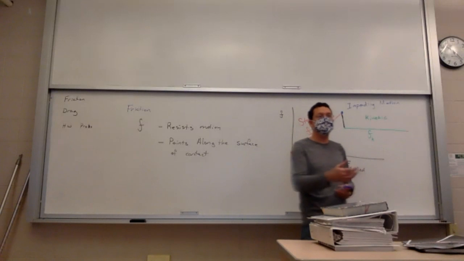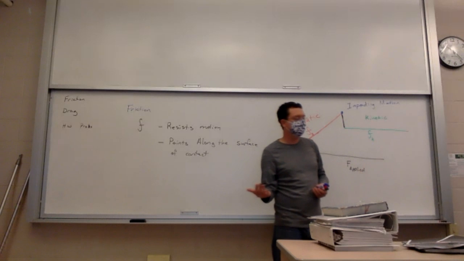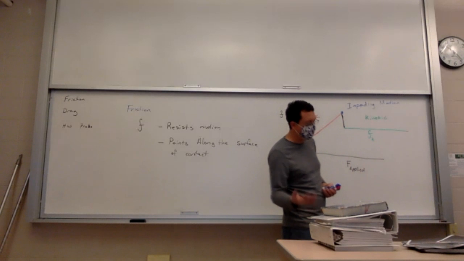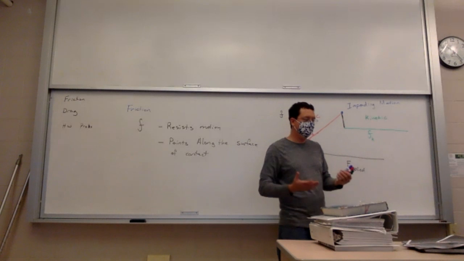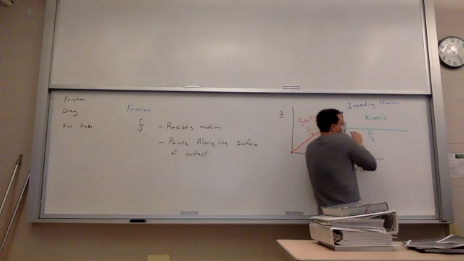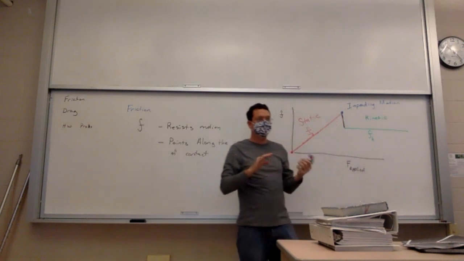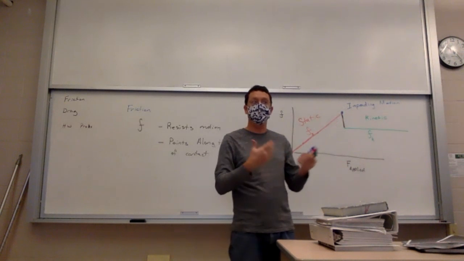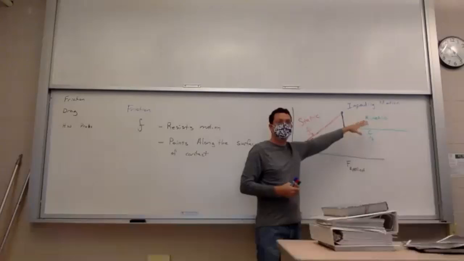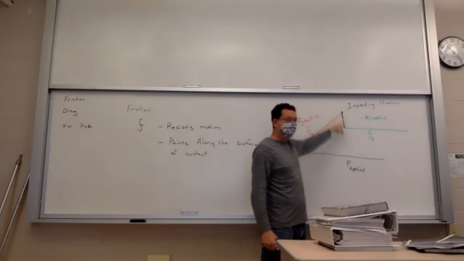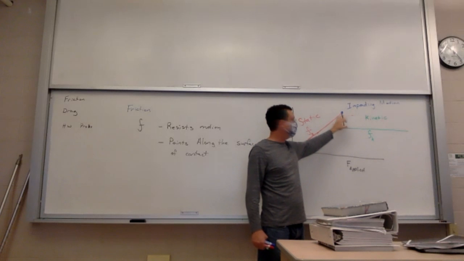You look at the maximum possible static friction, compare that to what you are applying to the object, and that tells you if it's going to remain stationary or start to move. And then once it's moving, it's kinetic friction. So it's a bit of a logic puzzle where you have to decide where you are on this diagram. In this region, it's really complicated, and it's not a straight line or anything natural, really.